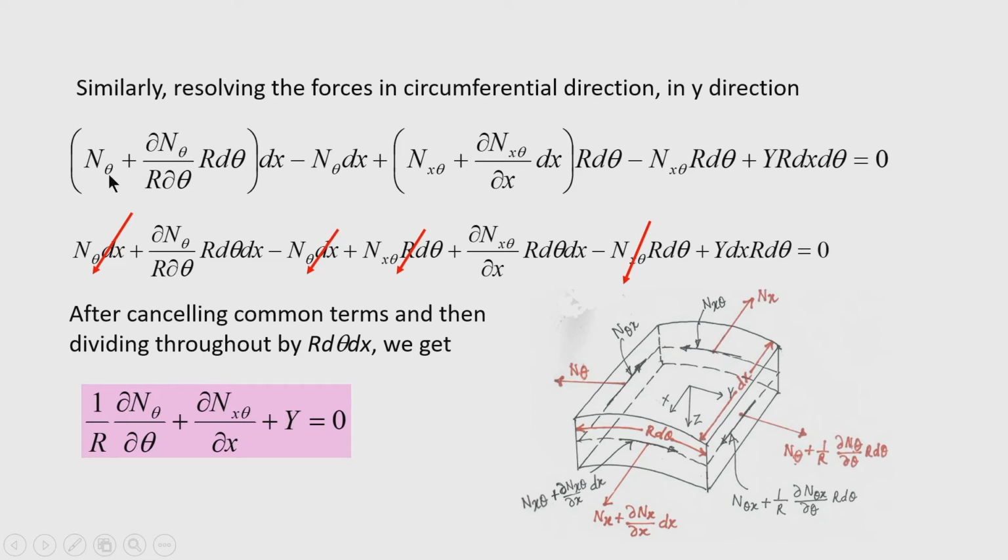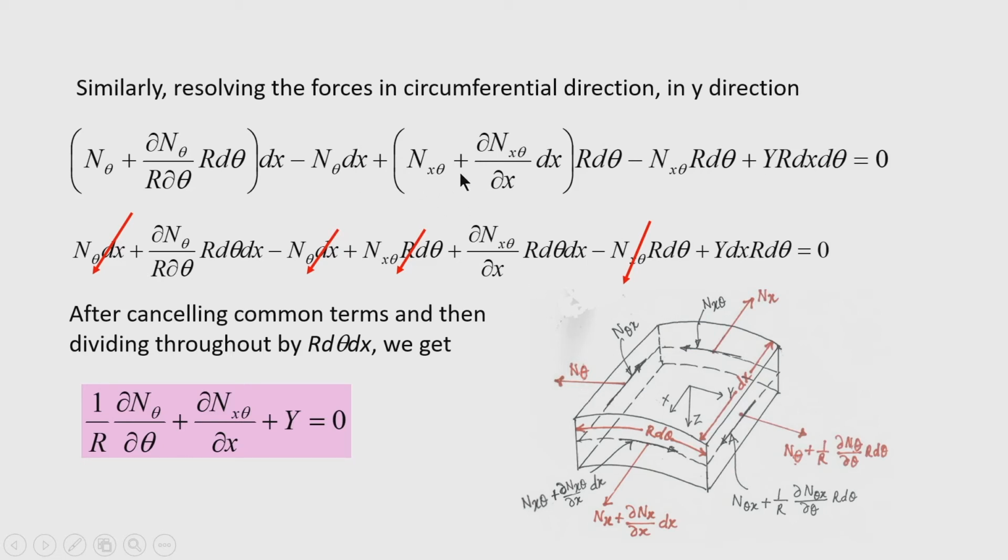One is n theta plus del n theta by r del theta into r d theta dx, that is the total force along this edge that we have taken, then minus n theta dx on this edge, because dx is the length.